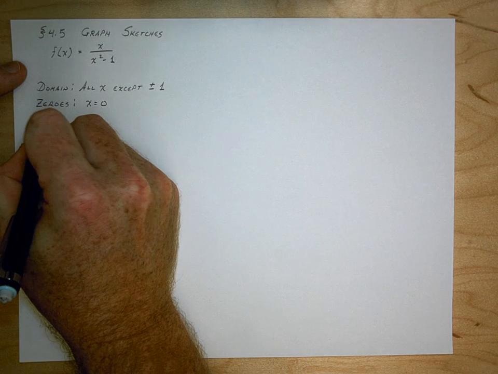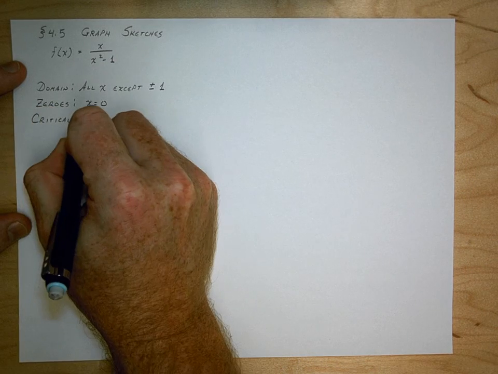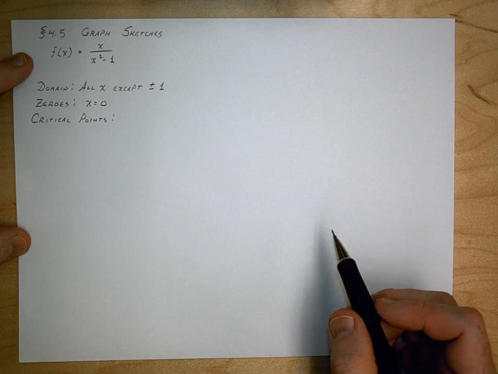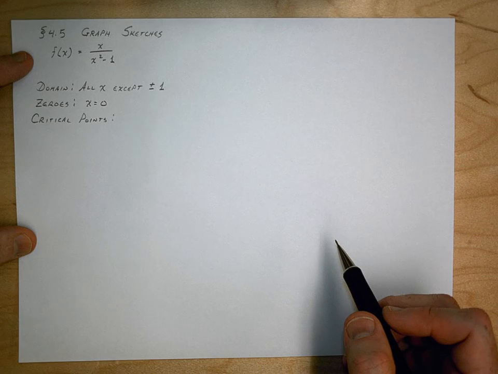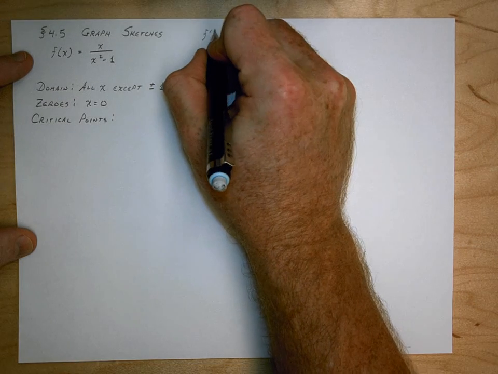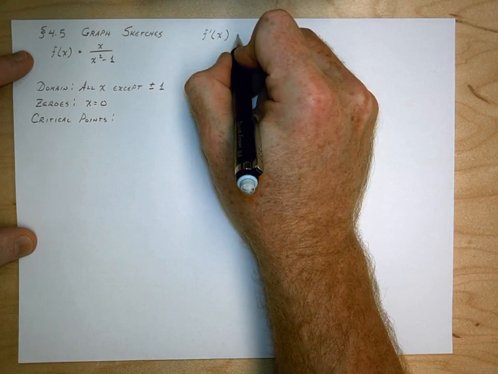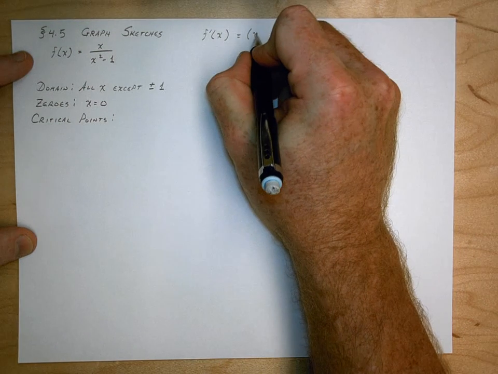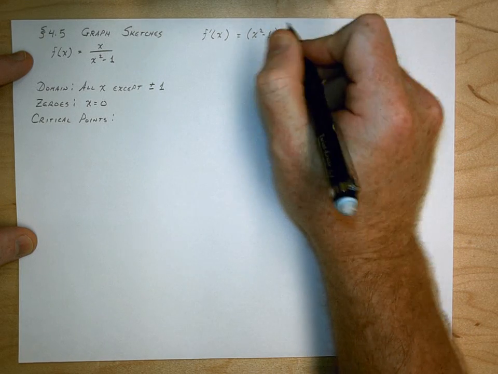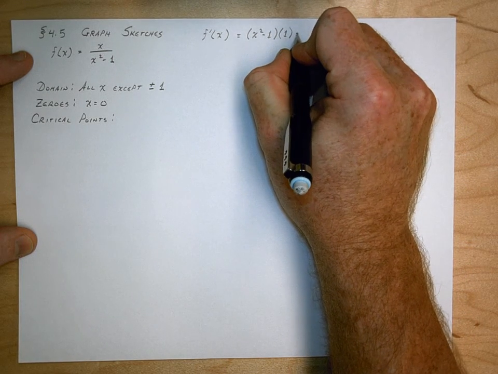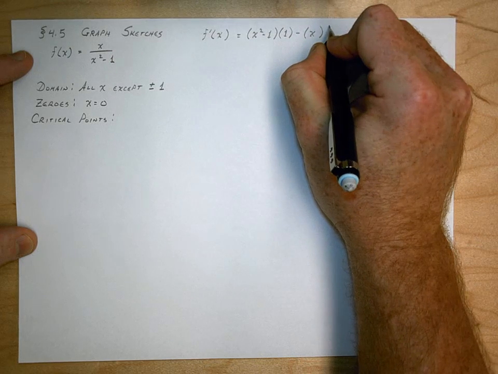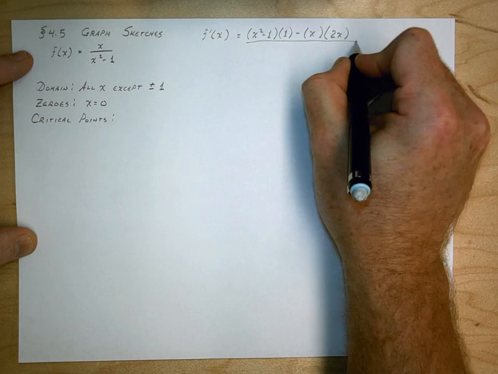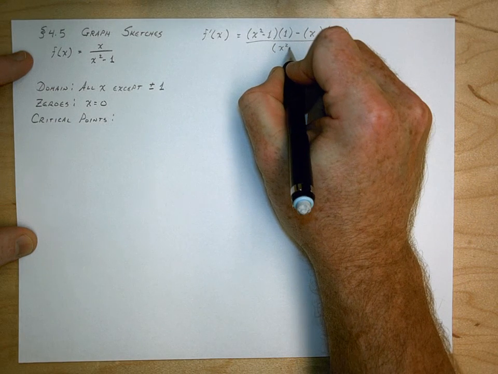We also, of course, need to talk about critical points, which means I need to take the first derivative of my function, which means, oh joy, we get to use the quotient rule. So, low d high minus high d low over low low, low, times the derivative of high, minus high times the derivative of low, all over my denominator squared.